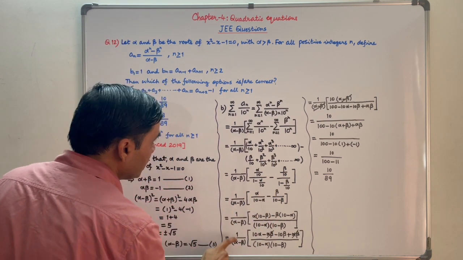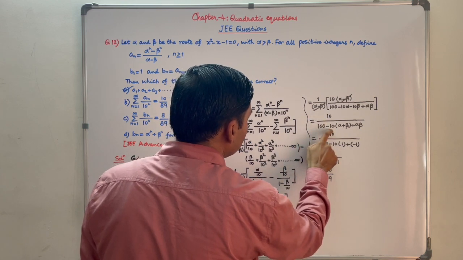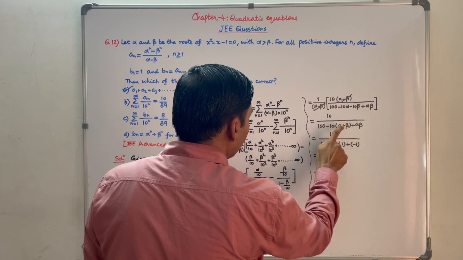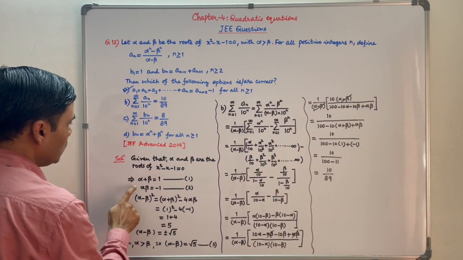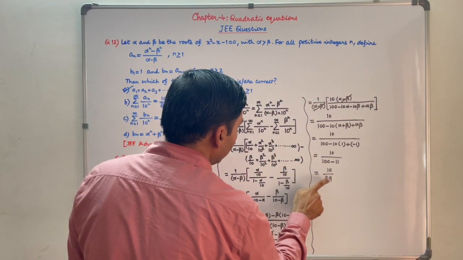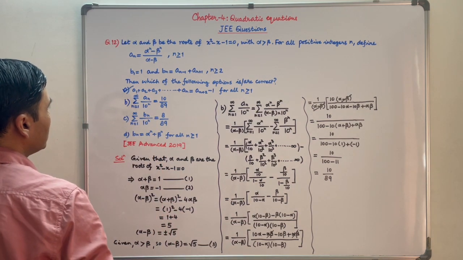Now we can simplify further, up to this point 10 upon 100 minus 10 into alpha plus beta plus alpha beta. Values of alpha plus beta and alpha beta we will put from equation number 1 and 2. So finally the value comes out to be equal to 10 by 89, which is right hand side. So statement B is also correct.